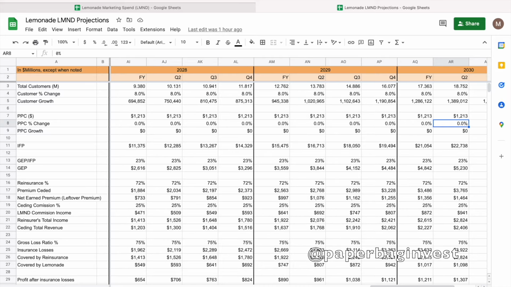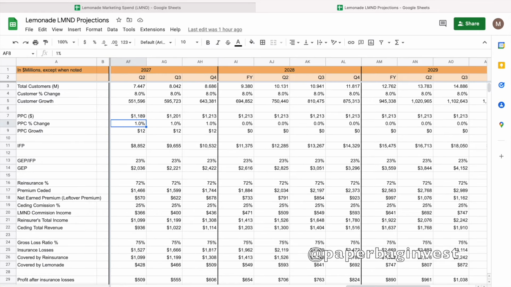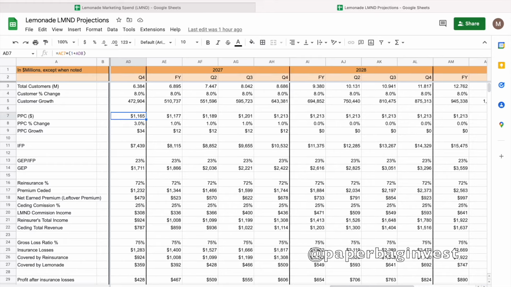Obviously, that could be changing, could even be dropping if they're moving into new countries and there's just renters there and they don't have auto insurance yet. But this is one such scenario. You get to that $1,200 mark, and it's more of a flat line around that point. So that covers your premium per customer growth.